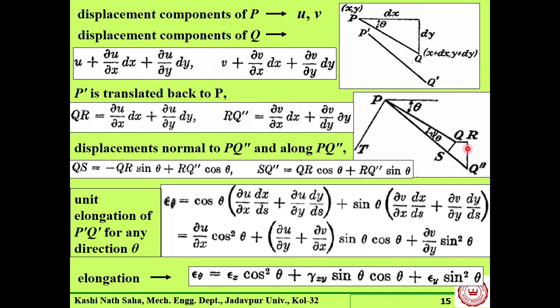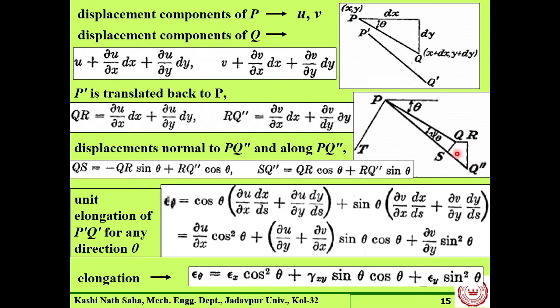S Q double prime is QR cos theta along this, and as this angle is small, we are taking this as QR cos theta plus R Q double prime. So if this angle is also theta, this is another cos theta.